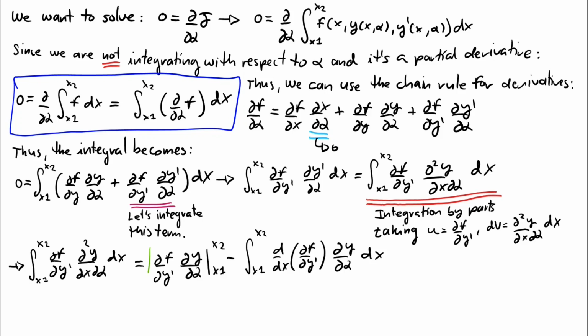Notice that when we solve the integral, we are left with a term that depends on the endpoints. Since we are considering that the endpoints are fixed, the variation with respect to alpha is 0, so that term goes to 0 and we are left with a term that we can replace back in the integral expression.